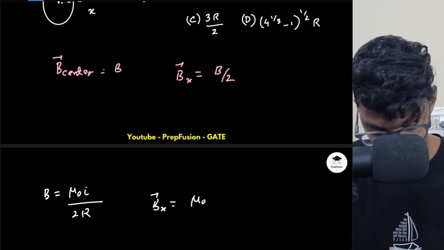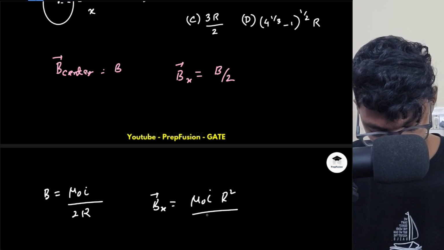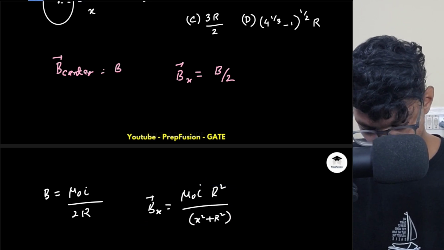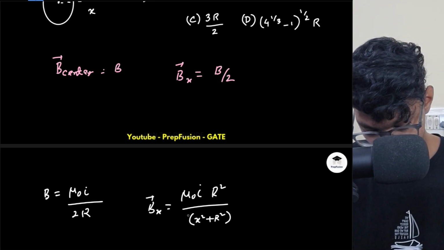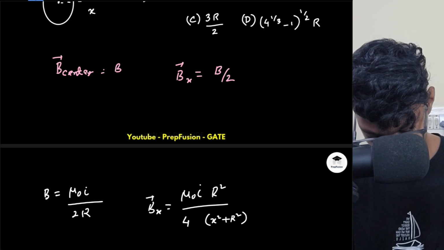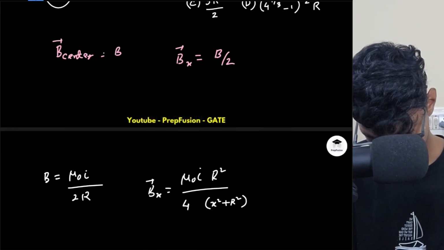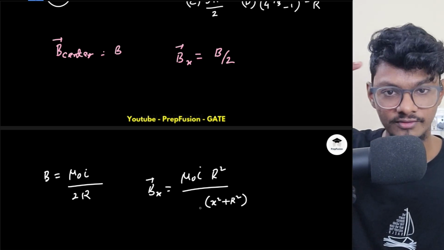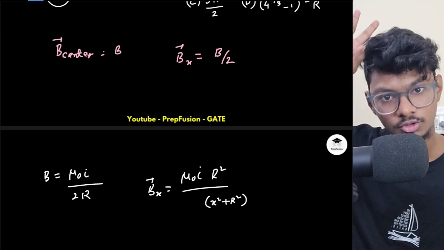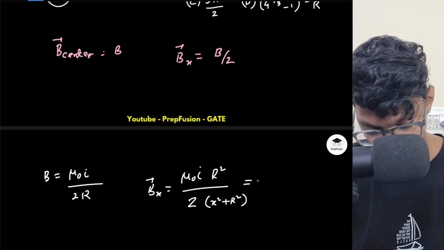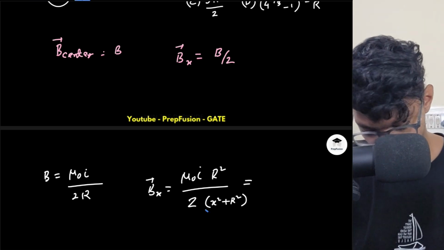It is mu naught r square divided by x square plus r square, and there is a 2 at the bottom, because the 2 pi at the top and the 4 pi cancel. That's how you recall the formula. So this will be mu naught I r square over 2 times (x square plus r square) to the power 3 by 2.